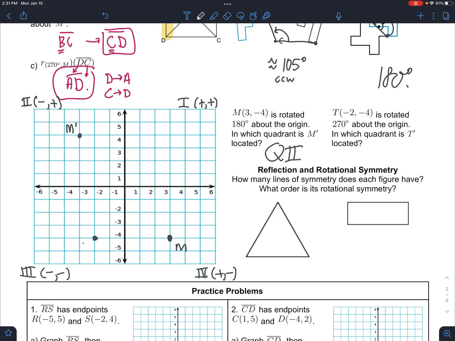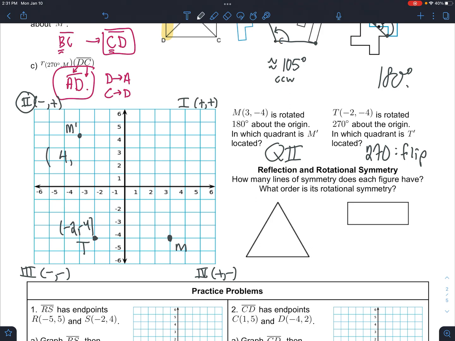Remember, you can always use that L shape if you want. But if they have T and they want to rotate it 270 degrees, I know that's going to land me, 90, 180, 270, in quadrant 2. And I know that 270 degrees is a flip.